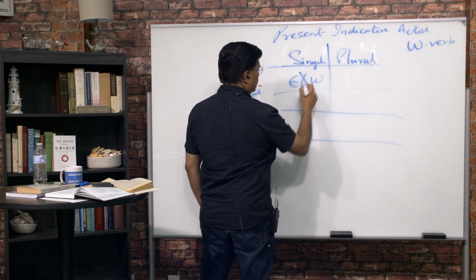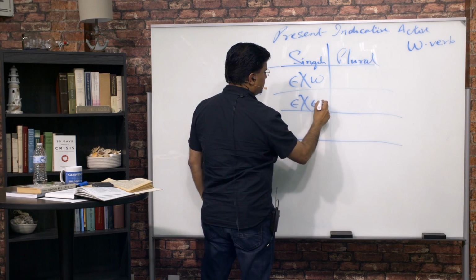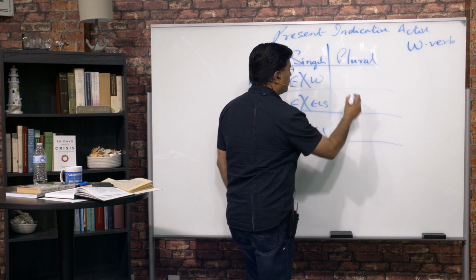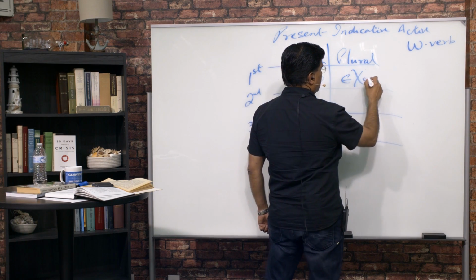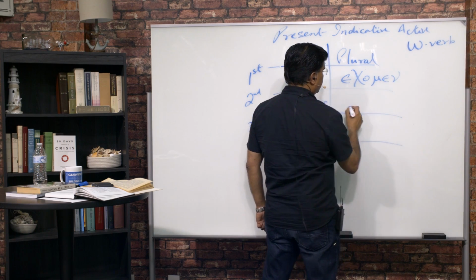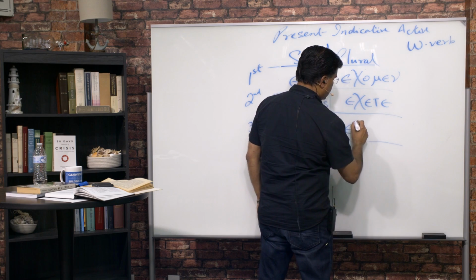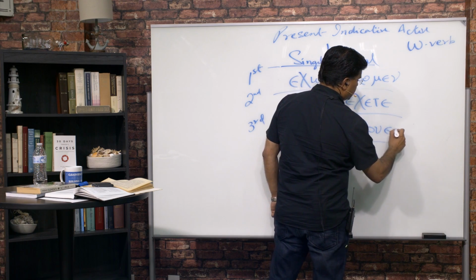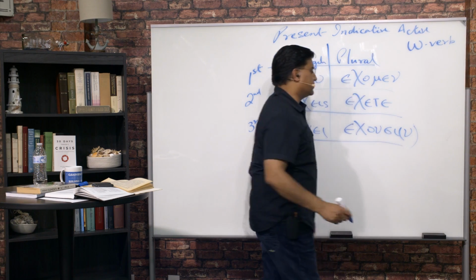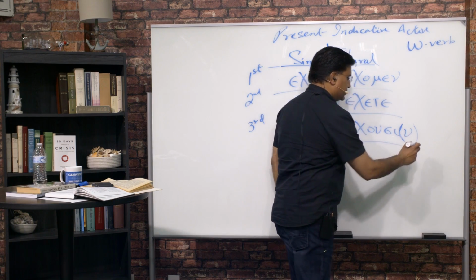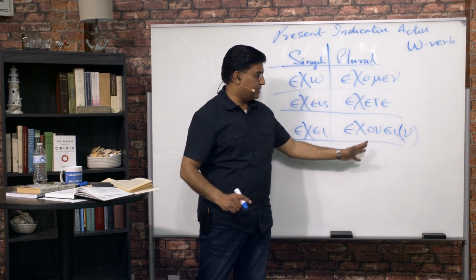Echo, ekeis, ekei, ekomen, ekete, ekousin. Keep in mind, sometimes, and that's a parenthesis, the N gets dropped out, but it's the same thing.